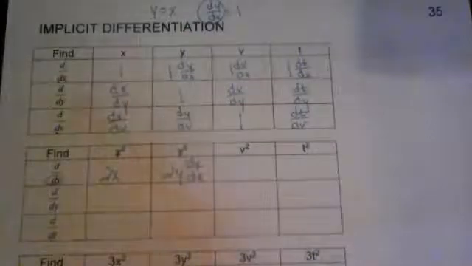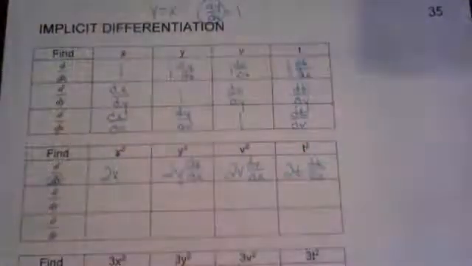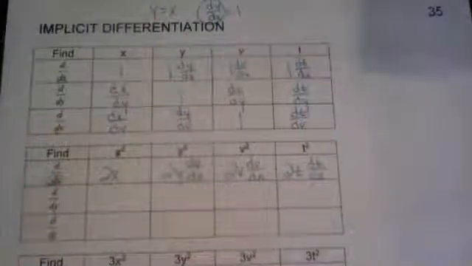This would just be a 2x. But this one would be a 2y, with the tag dy dx. This one 2v dv dx. This one 2t dt dx.